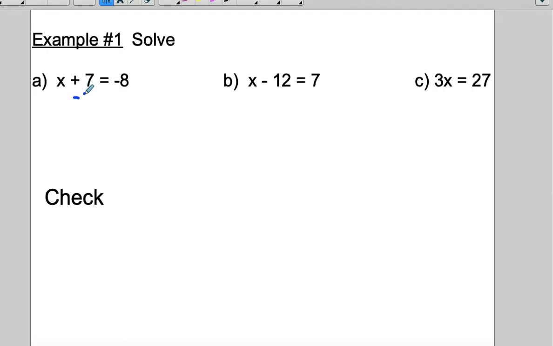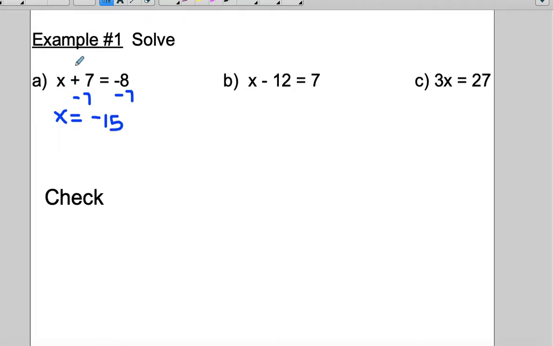So if we take away 7 here, we're going to take away 7 from the right side of the equation too. What we would be left with is x is equal to, because this positive 7 take away 7 equals 0, and then when we have -8 minus 7, we are left with -15. So this is one way that you can solve the equation.